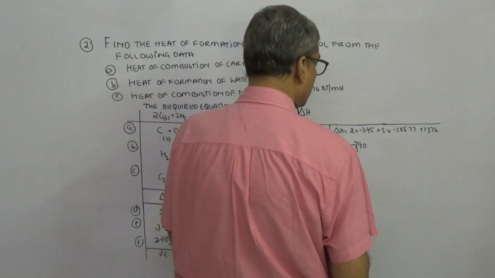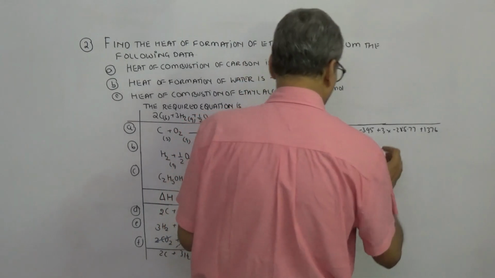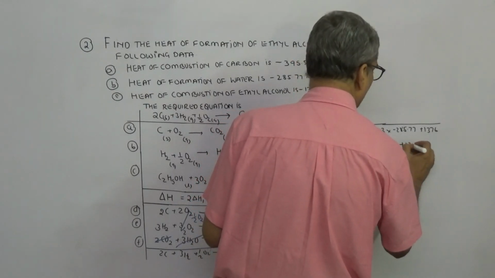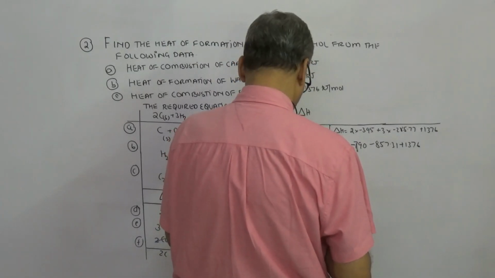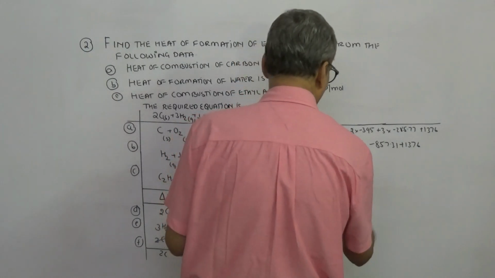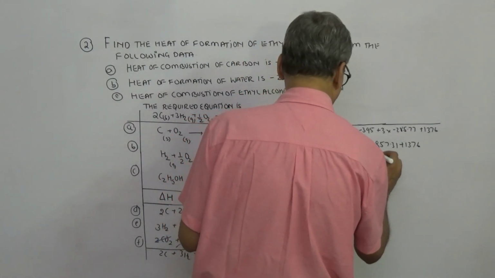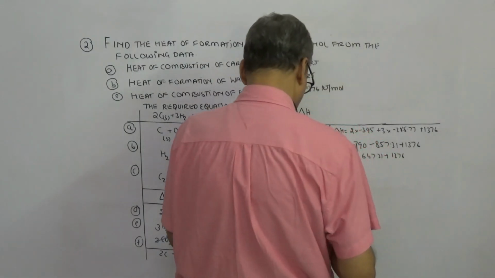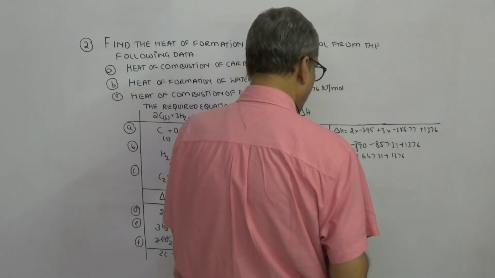3 into 285.77. So that is minus 857.31 plus 1376. So minus 790, that is minus 1647.31 plus 1376.